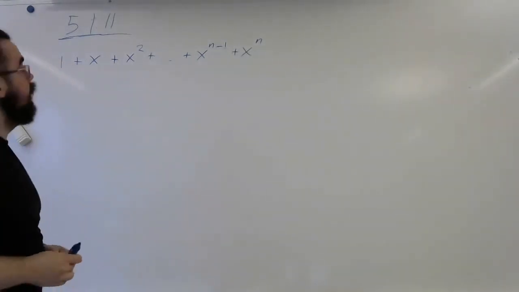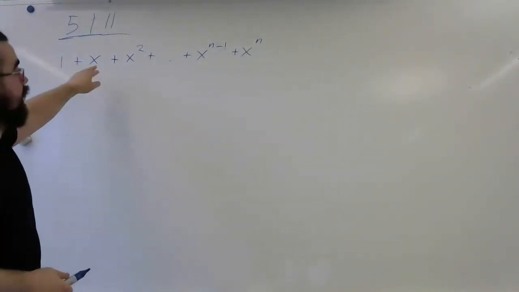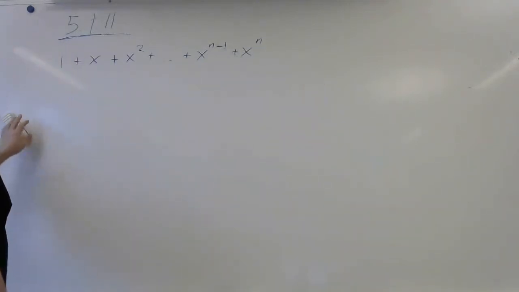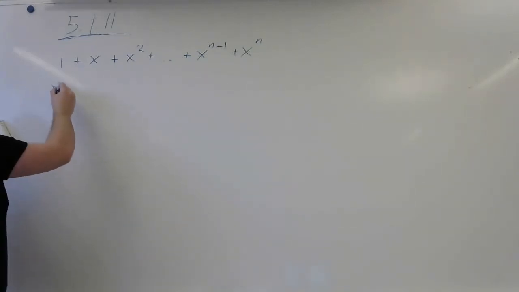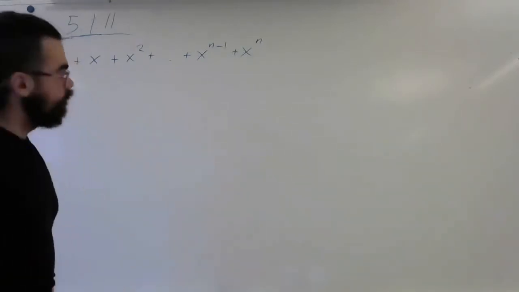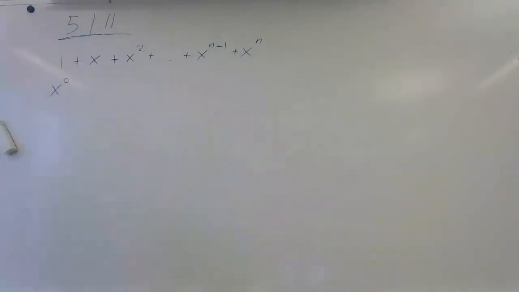So we have this sum here, 1 plus x squared plus all powers of x all the way till n. Now I'm going to do a small parenthesis here and say that 1 is x to the power 0. Why, you may be wondering.